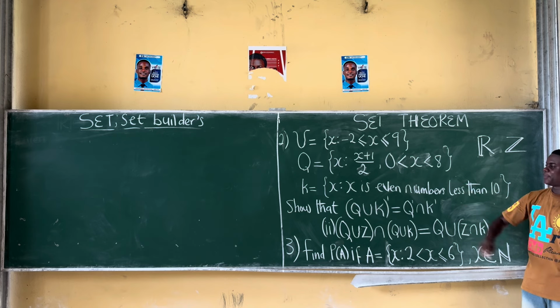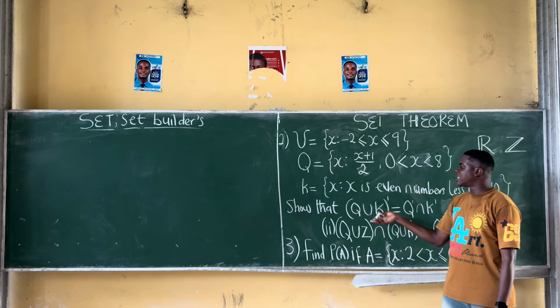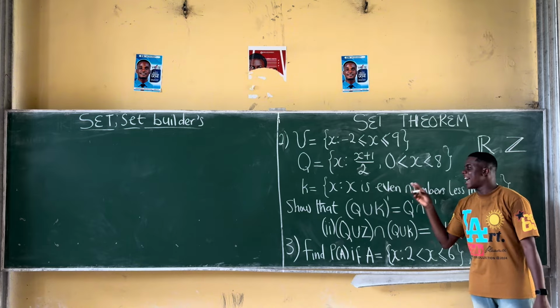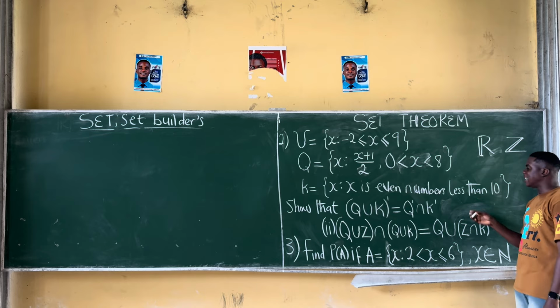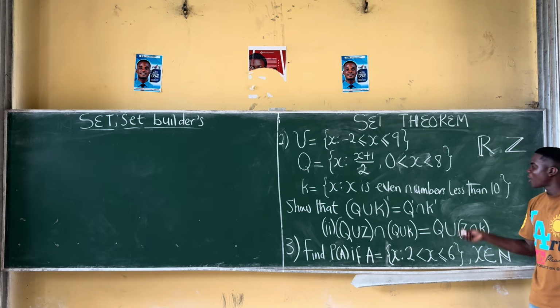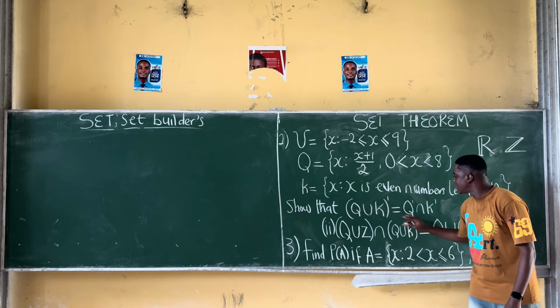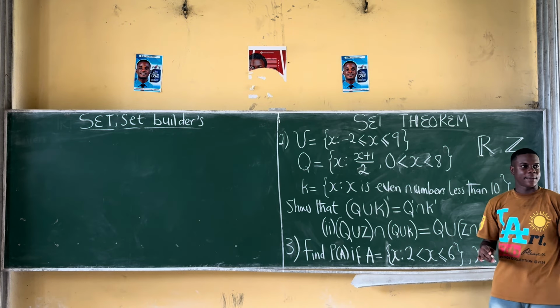I will interpret it. Then set K is equal to X, such that X is even numbers less than 10. And they went ahead to say show that Q union K prime is equal to Q prime intersection K prime. So we show that these are the same.